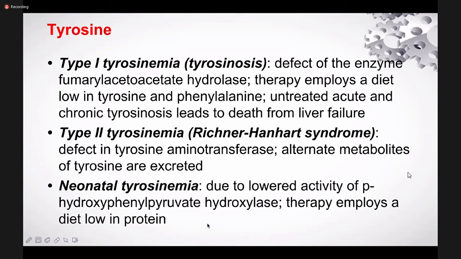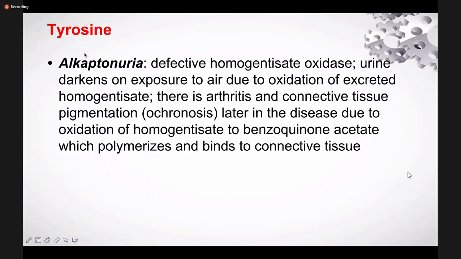We also have alkaptonuria, actually the most common, the one we usually hear about when we talk about defects in tyrosine catabolism. Here there is a defective homogentisate oxidase. In alkaptonuria, the urine darkens on exposure to air due to oxidation of excreted homogentisate.